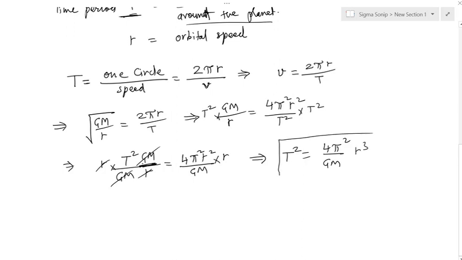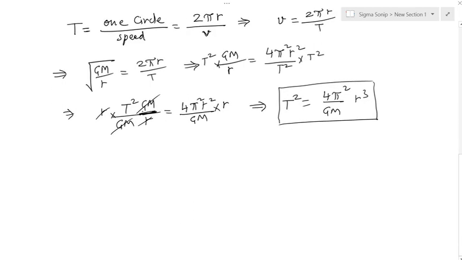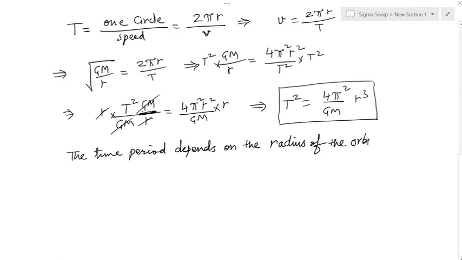Now this is a very important relationship, and we can write it in words as well: the time period depends on the radius of the orbit.